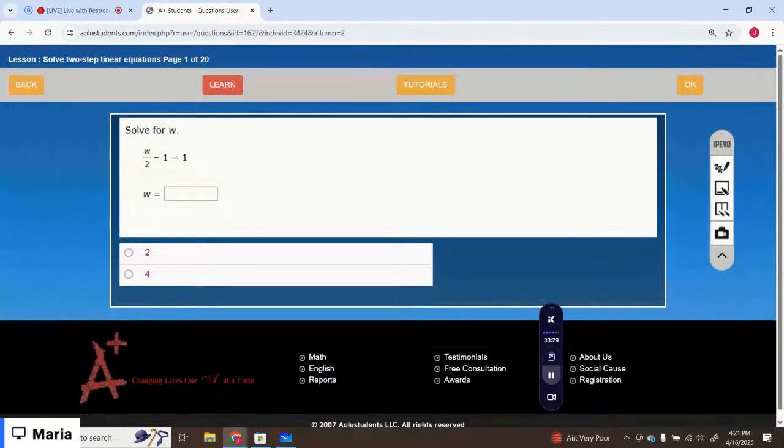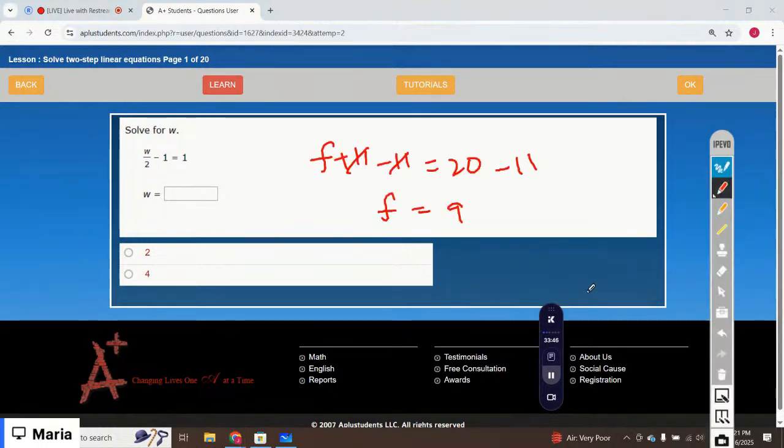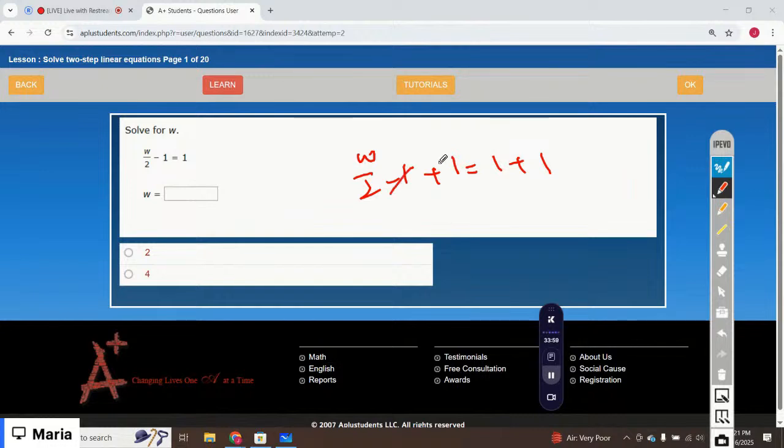Solve for W. W over 2 minus 1 equals 1. W over 2 minus 1 plus 1 equals 1 plus 1. So minus 1 plus 1 is 0.